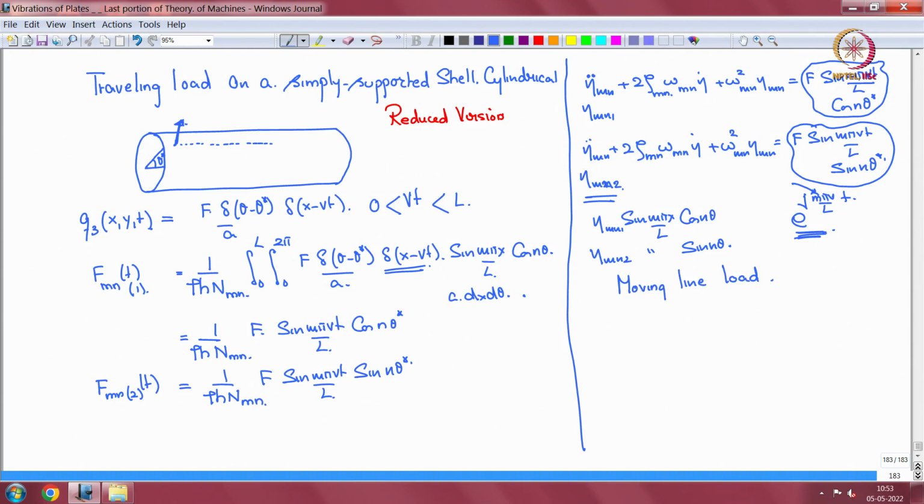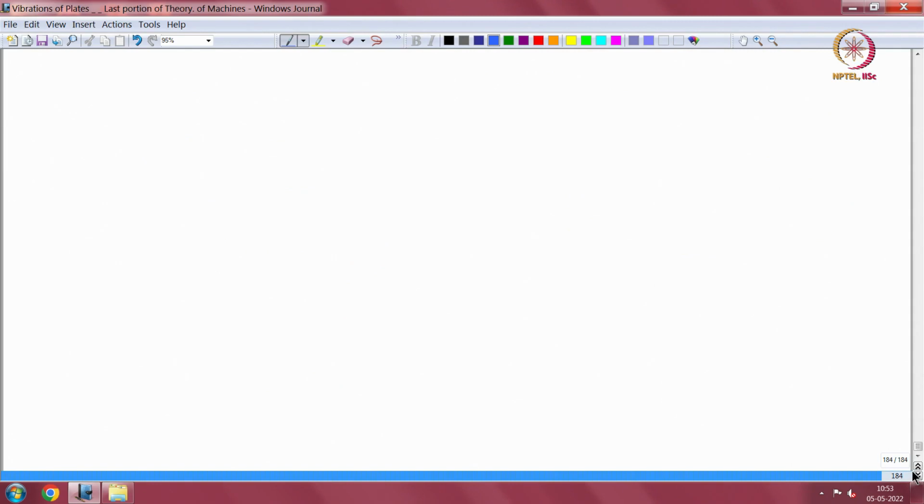Now next, as we are talking of shells, I will give you one last example. So a line force, let me say a line force on a simply supported cylindrical shell.